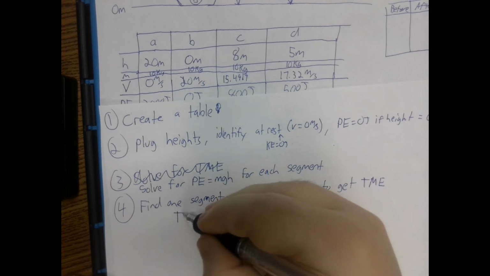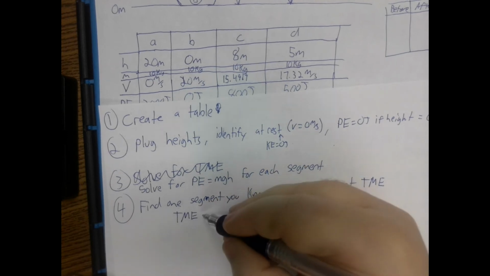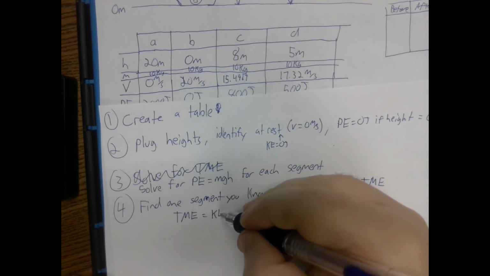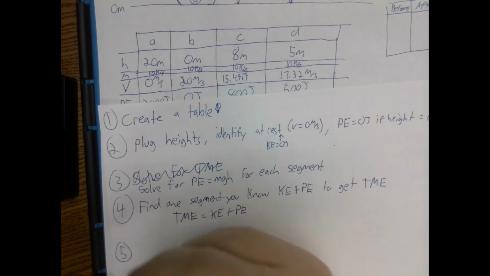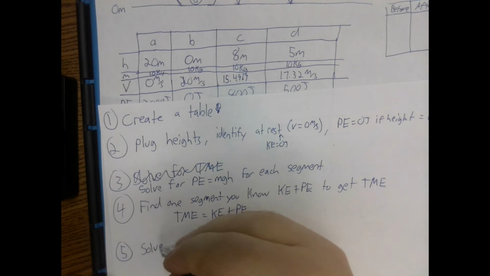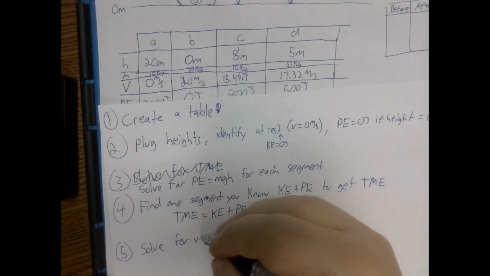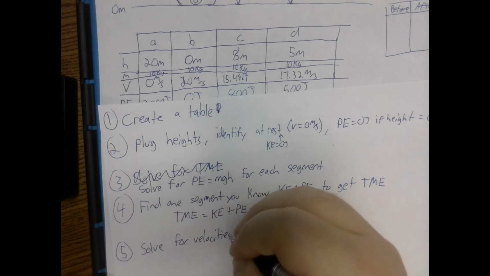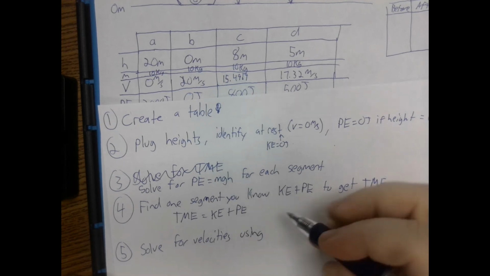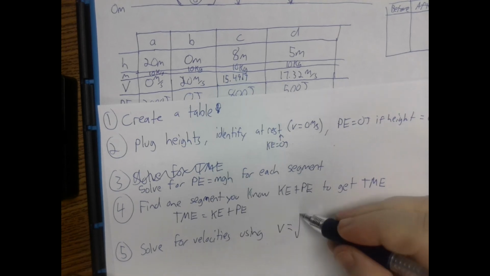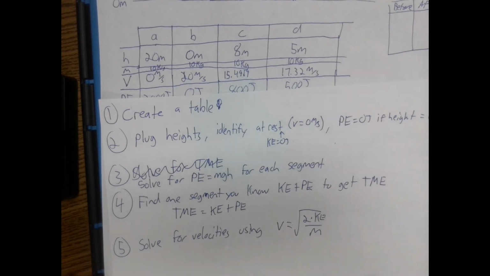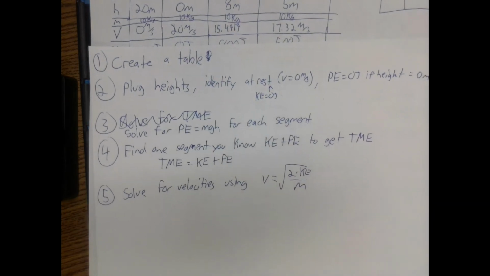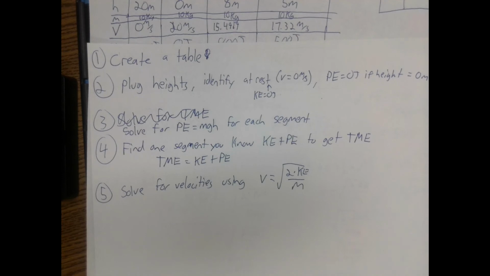By the way, total mechanical energy is equal to kinetic energy plus potential energy. And then solve for velocities using velocity is equal to the square root of 2 times KE divided by mass. So this is the general strategy for solving these problems that I recommend.